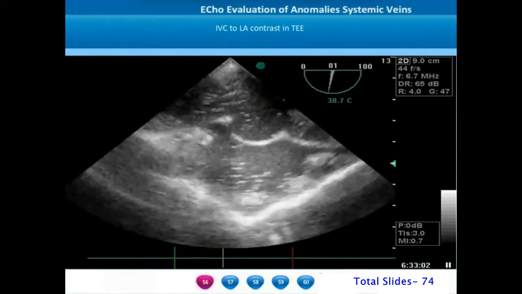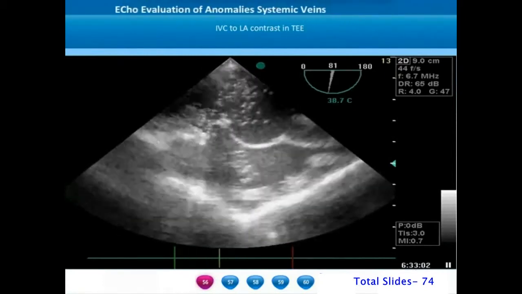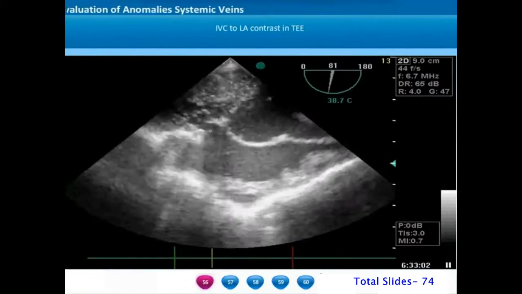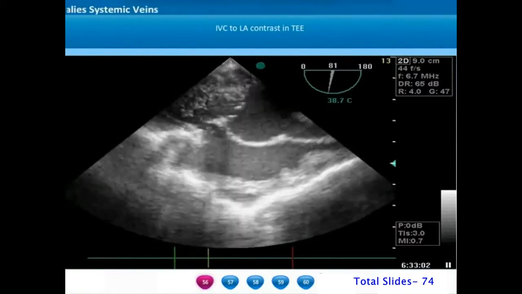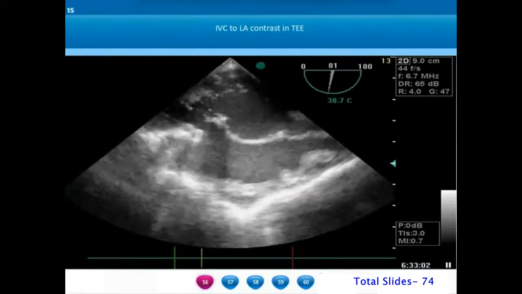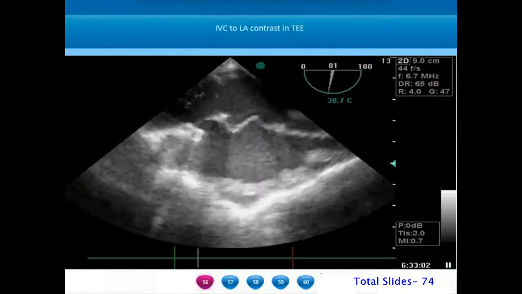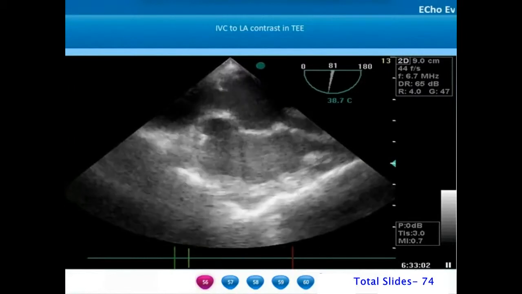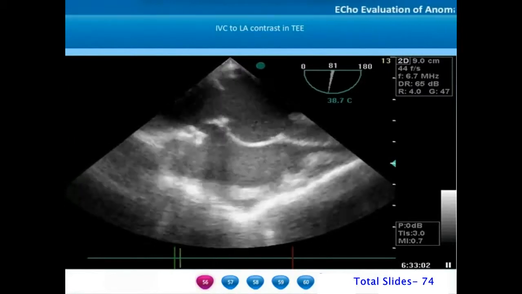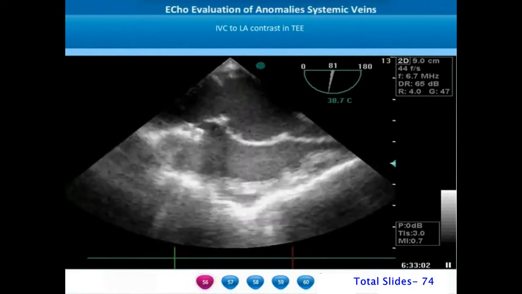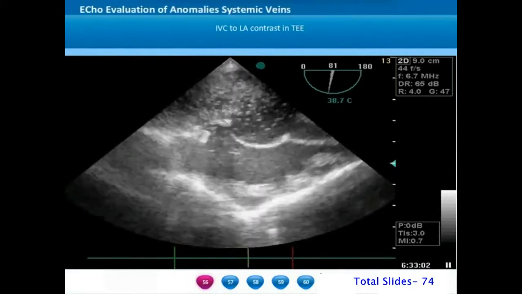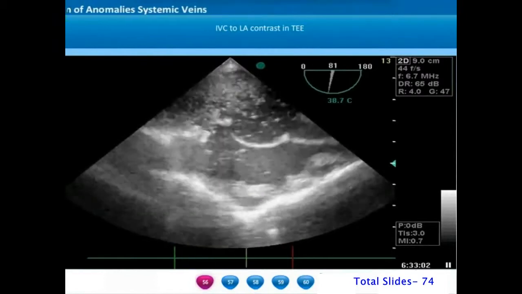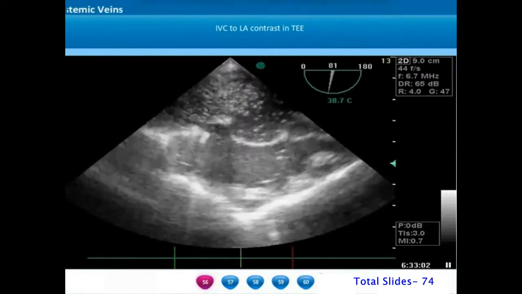A similar surgical misconnection can happen with the inferior vena cava also. Here in this example, the atrial septal defect patch has been sutured all along to the rims of the eustachian valve. This resulted in the inferior vena cava draining posterior to the atrial septal plane towards the left atrium.